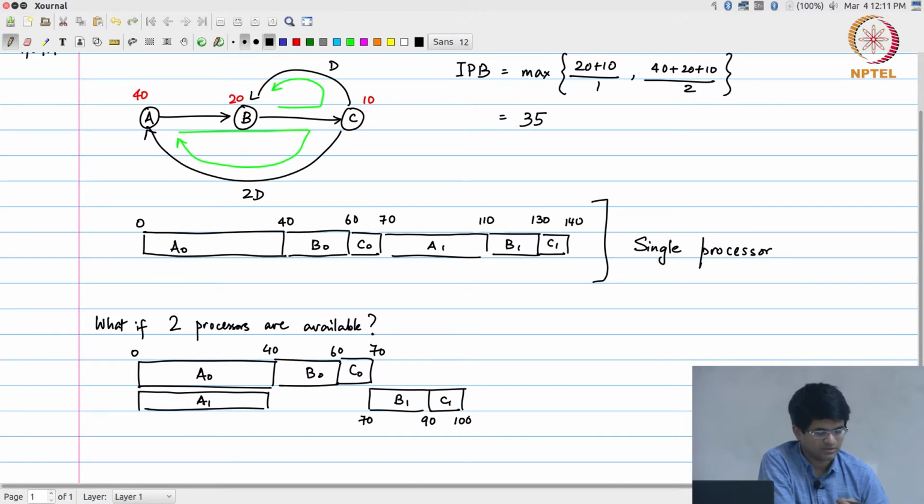What this is telling us effectively is that I was able to finish 2 iterations within 100 time units. So, the actual computed iteration period in this case, on average, is 100 by 2 equal to 50 time units.